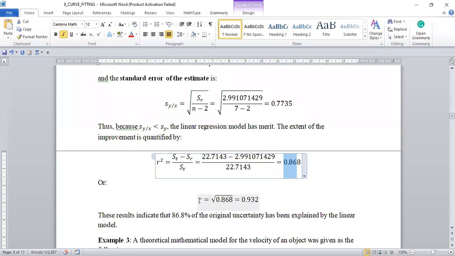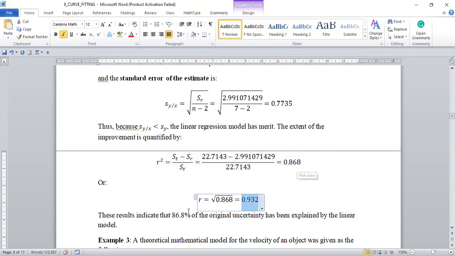Ordinarily, I said that we want to make these values equal to 1. The ideal case is that if this correlation coefficient is equal to 1, then we know that we have a perfect fit. So it's kind of close to 1. So we know that what we've done is actually very good.